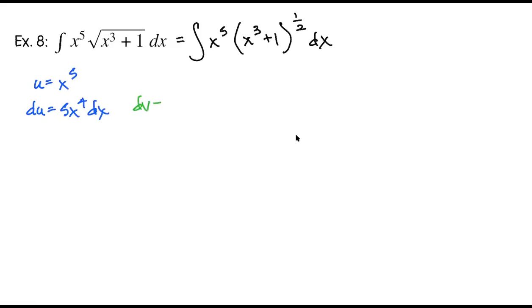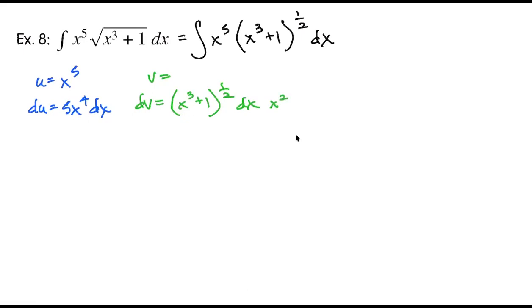And then you get to your dv and you're stuck on what that integral is. Now we're going to learn how to handle integrals like that, but at this point, we don't know how to find that integral, okay? But what would make my life easier is if there was an x squared somewhere in that dv, then I could use u sub and it would actually make my life easier, okay?